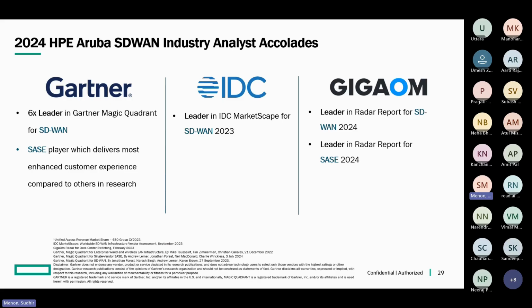So both SD-WAN and SSE give an improved customer experience compared to many of the competitors and players out there. That is the reason Gartner sees us as a promising player. IDC calls us a leader. I think the IDC MarketScape for 2024 is still not out. In the GigaOm quadrant, we are rated as a leader for SASE in 2024, and for SD-WAN and SASE put together.